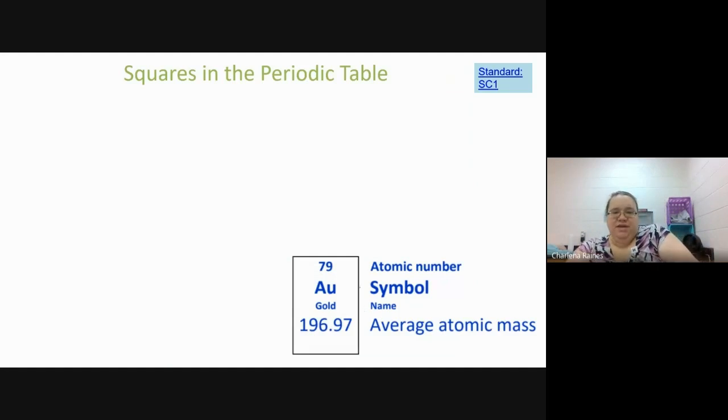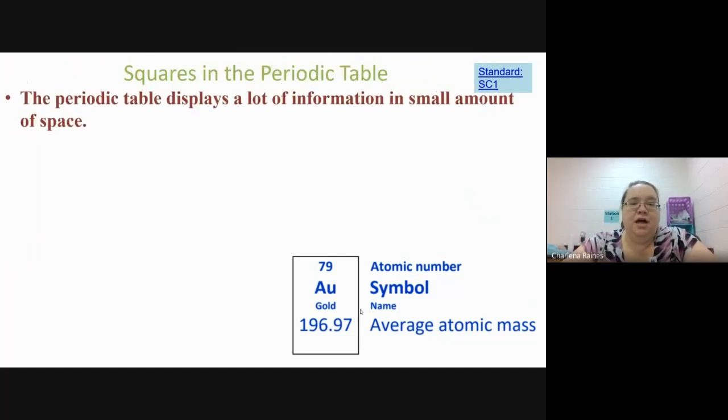In terms of the information on the periodic table itself, every element has its own little square. You'll notice this key on our periodic table, kind of in the symbol, lets you know what each part of that element's square tells you. Of course, our atomic number gives us the number of protons.